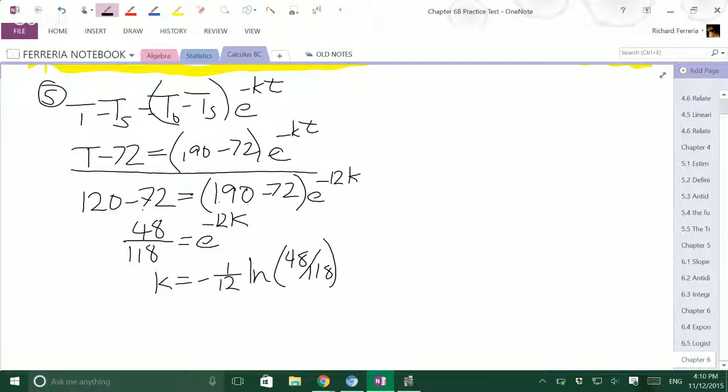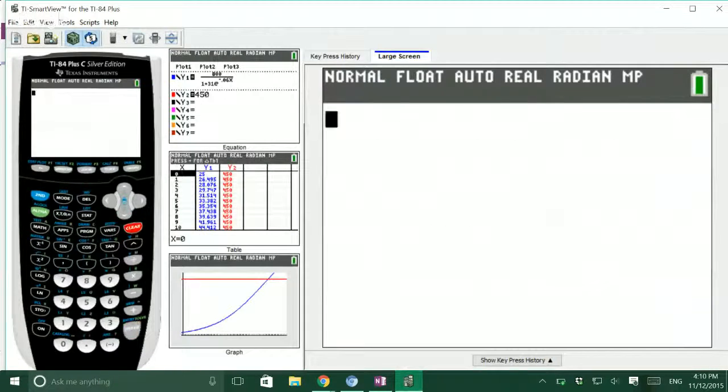Well, I think we're going to need that number eventually, so we should probably figure that out. What do we have? I forgot what it was. Negative 112? 48.